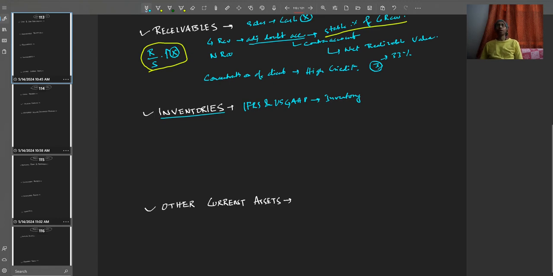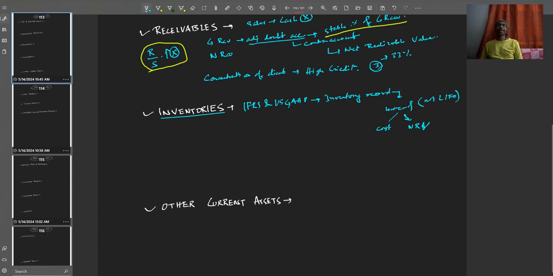So the inventory record is the lower of cost or net realizable value, provided that the LIFO method is not being applied for inventory valuation.